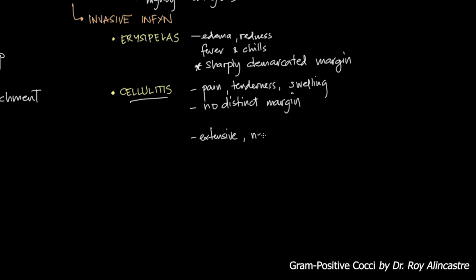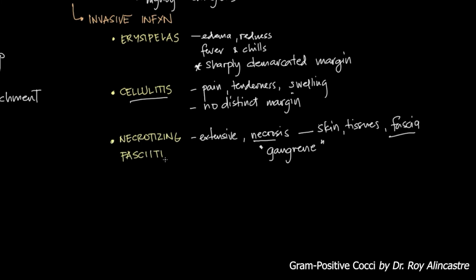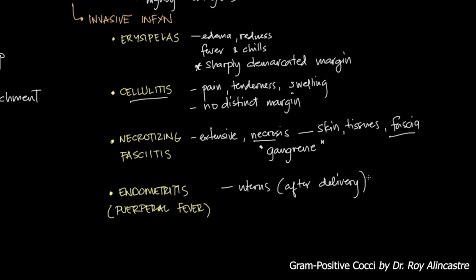The infection can also be extensive with rapidly spreading necrosis of the skin, tissues, and fascia, causing gangrene or necrotizing fasciitis. If the bacteria enter the uterus after delivery, it causes endometritis and puerperal fever. And if the bacteria spread to the bloodstream, bacteremia, and then sepsis.